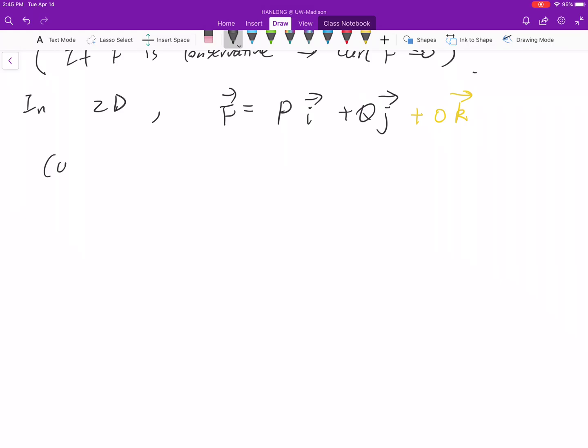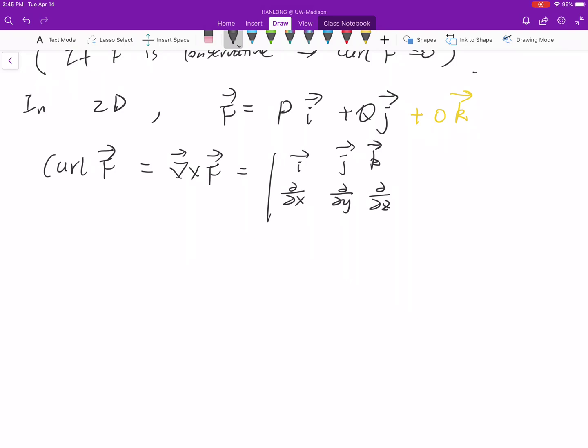Then let's compute the curl F for this extension. You still have the formula with i, j, k; partial x, partial y, partial z; P, Q, and recall the last one is 0.